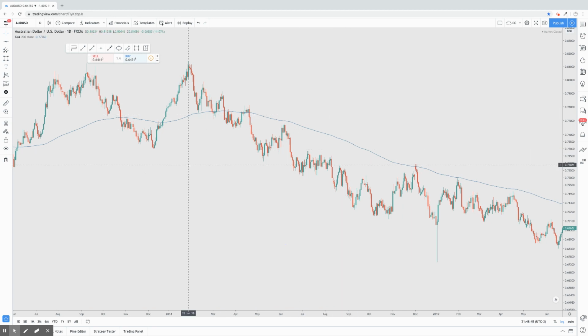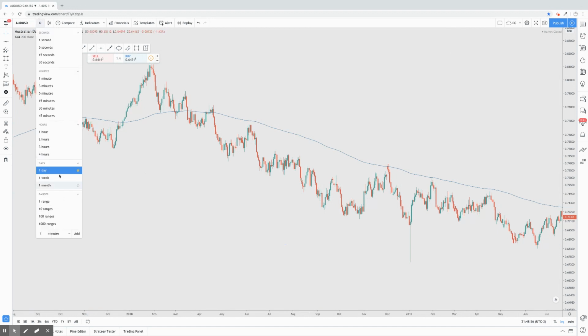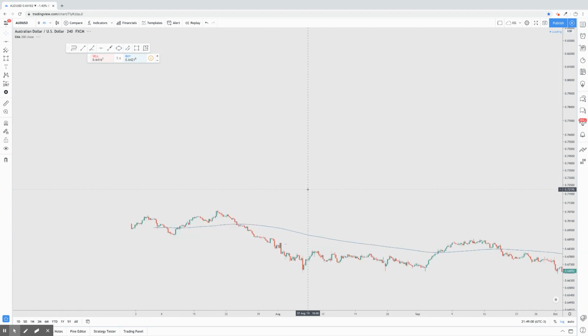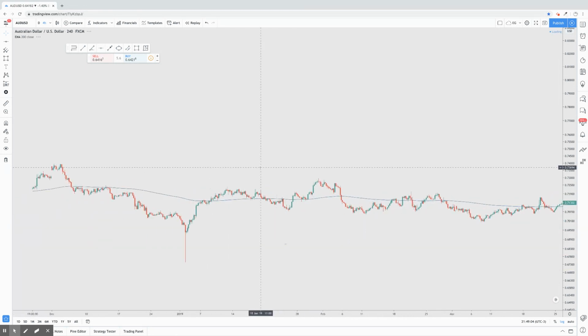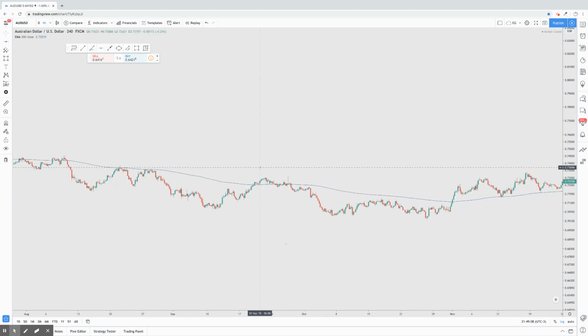So that's that. Next, we need to ensure, guys, that we see rejection. So what I would do at that point is go to the lower time frame, just the 4 hour, and see what's happening at that line. A lot of you will say that EMAs can be lagging.